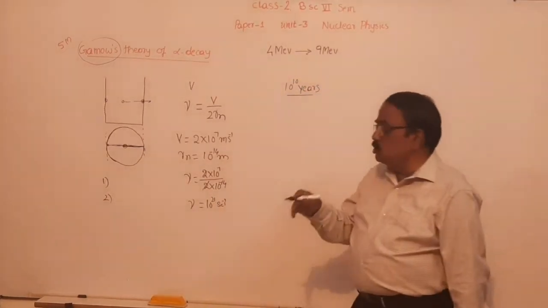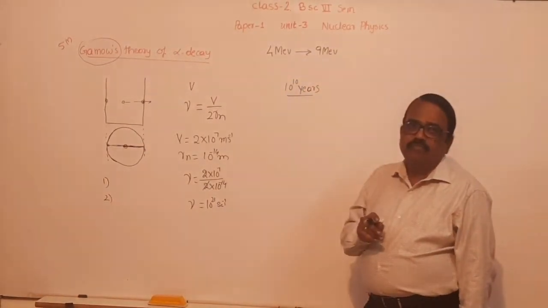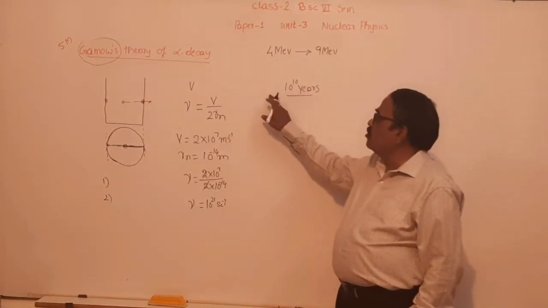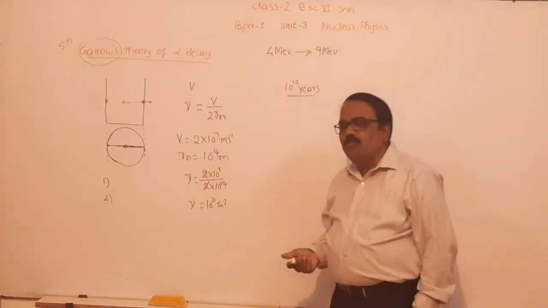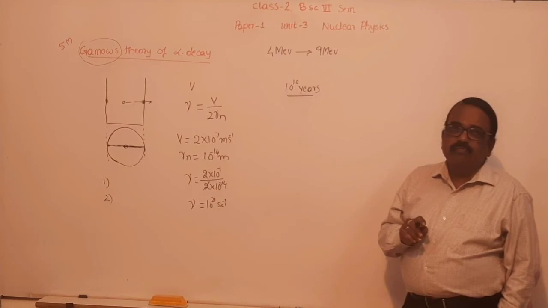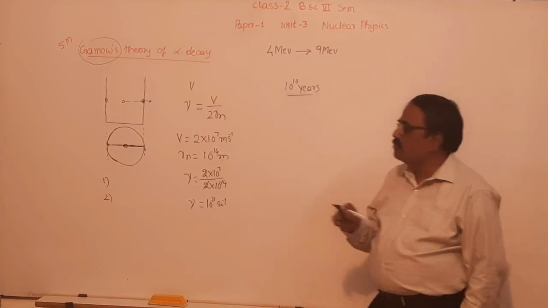It hits 10 raised to 21 times in 1 second, but it takes time to escape from the nucleus. The average time is 10 raised to 10 years.